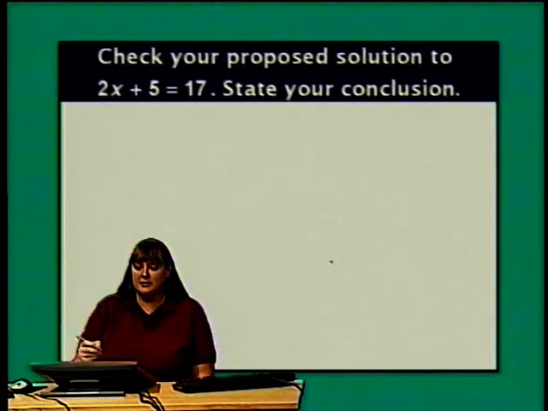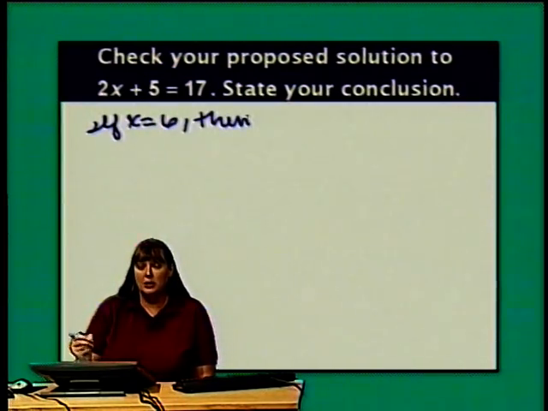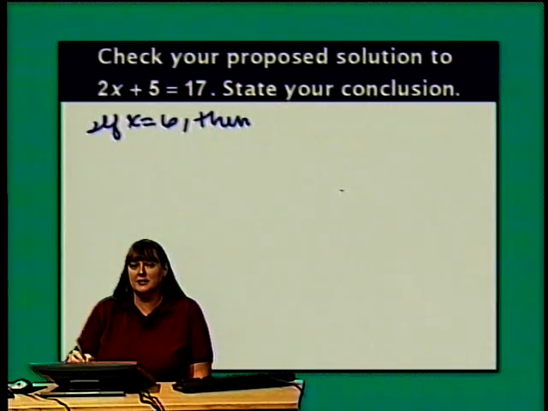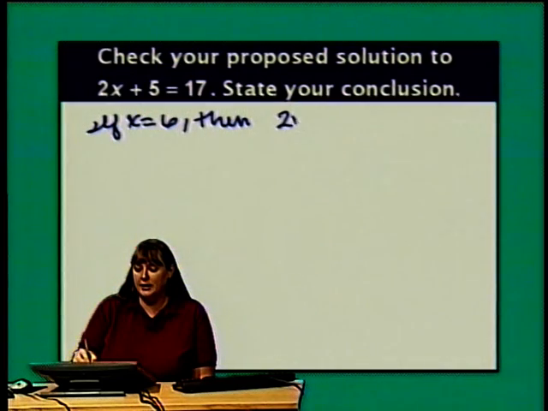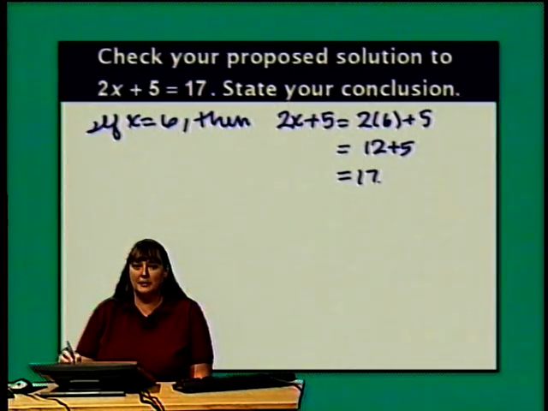Let's go ahead and check the solution. If x equals 6, then looking at the left-hand side of the equation, since that's the side where the expression involves a variable, 2x plus 5 equals 2 times 6 plus 5, and that's 12 plus 5, which is 17. This checks.